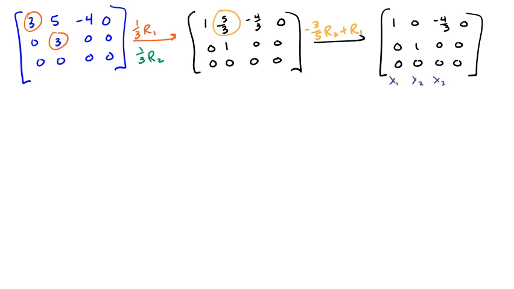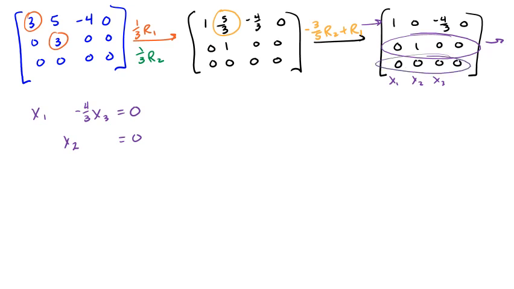Okay, so when I rewrite this, I'm going to have x1 plus 0x2 minus 4/3 x3 is equal to 0 for this row. For this row, I just have x2 is equal to 0.